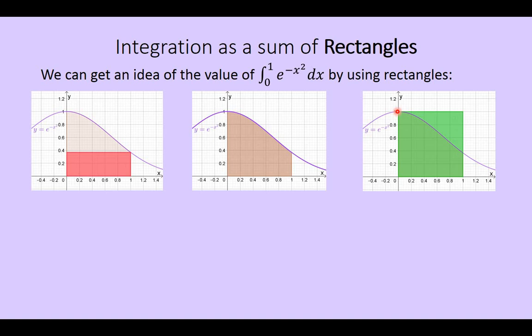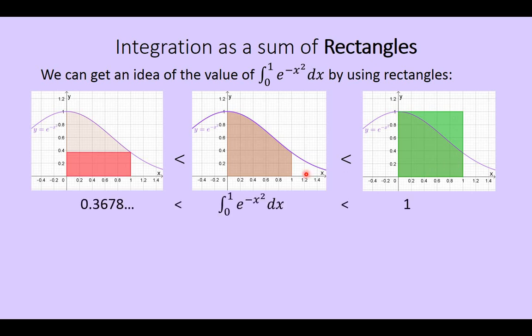So if we can find the area of the small rectangle, that gives us an underestimate for our integral, and if we can find the value of the larger rectangle, that gives us an overestimate: a lower bound and an upper bound for the integral that we want.